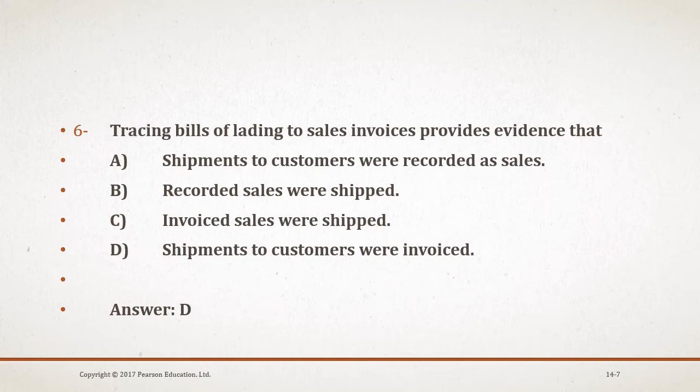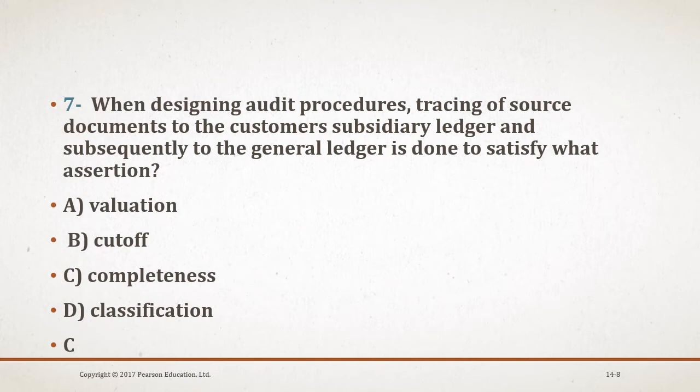Number 7: when designing audit procedures, tracing of source documents to the customer's subsidiary ledger, sometimes we call it master file, as you all know, and subsequently to the general ledger, realize that the general ledger is a control account over subsidiary ledger, to satisfy which assertion?